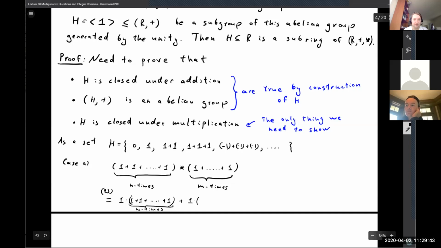times the same thing, m times, and this is all repeated n times.